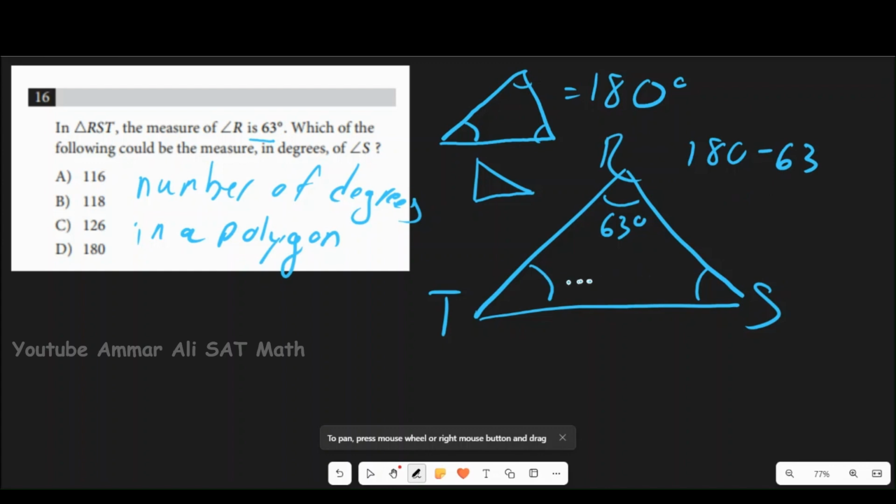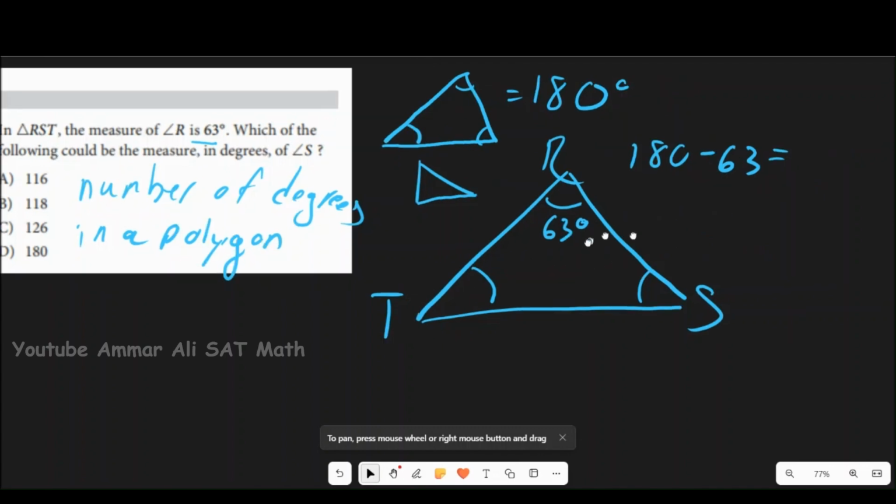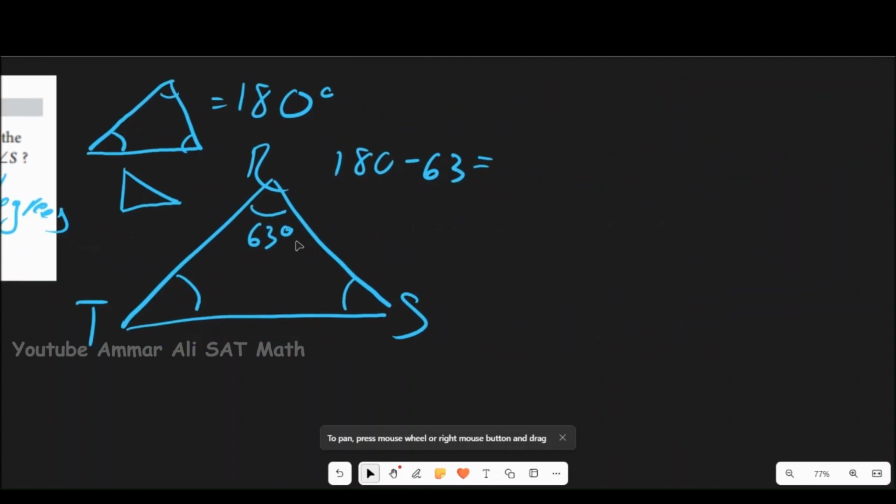Both of these angles combined should not be equal to whatever this evaluates to. Why? Because remember, we only have 180 degrees in total for the entire triangle. So 63 degrees are already taken up in angle R. So that means how many degrees are left over for angle T and angle S? Well, we just will need to subtract and figure that out.